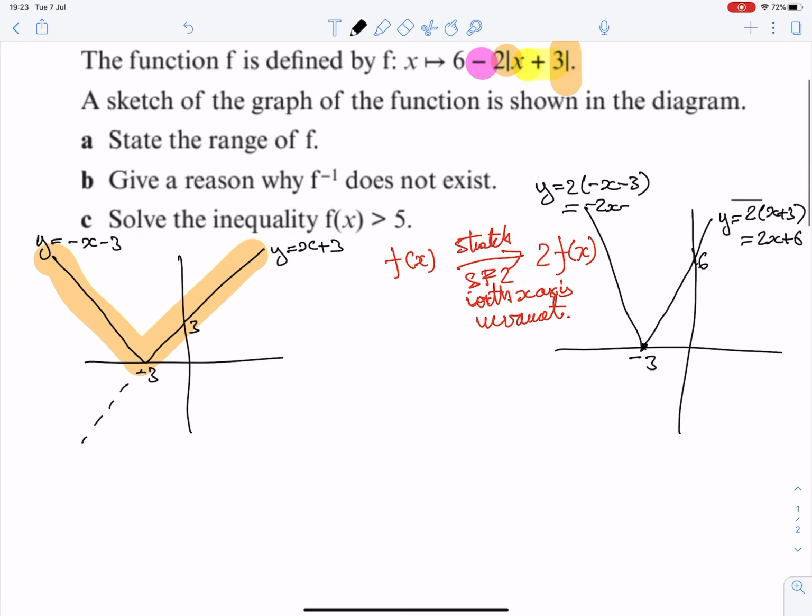Okay, so if we deal with the minus sign, we've got a function in x transformed onto minus f of x. So change the sign, we reflect in the x-axis. The x-axis is invariant.